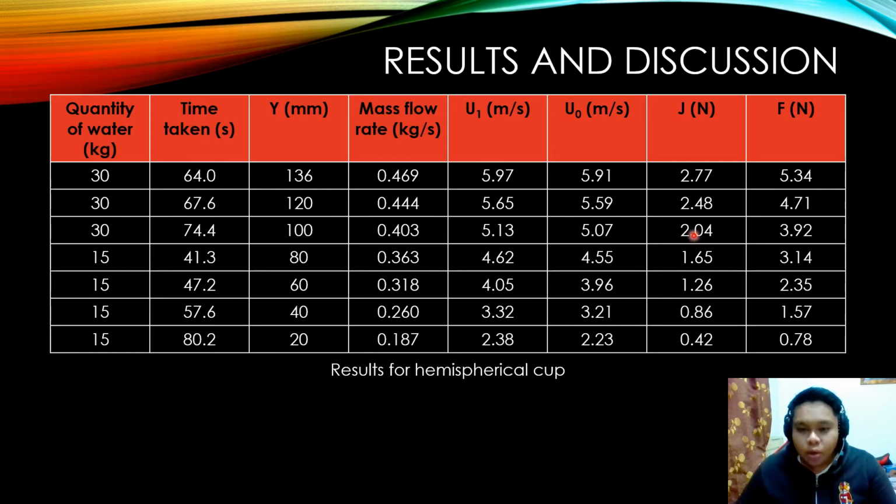Theoretically, the value of F should be double J, which means the maximum possible value of F is double the value of J. But there are some errors in this experiment, thus the value of F is not really double J. We will see the graph in the next slide.